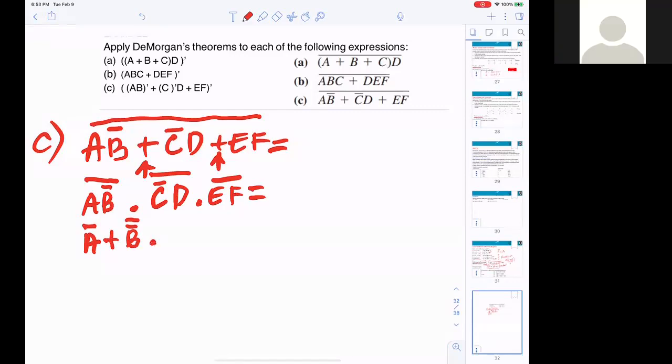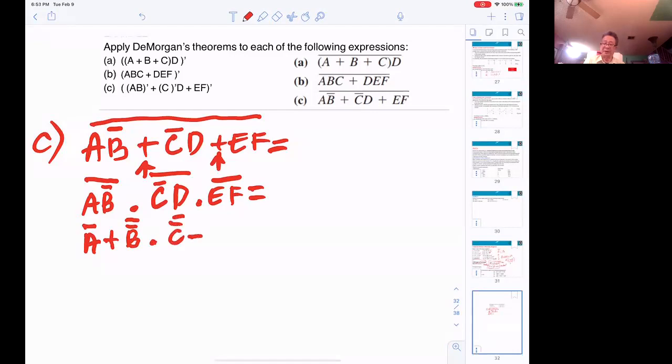Which is just B and C times not, or D not, and E not, or F not.